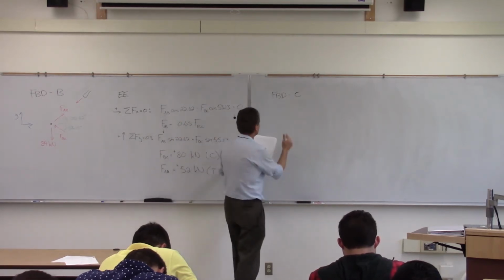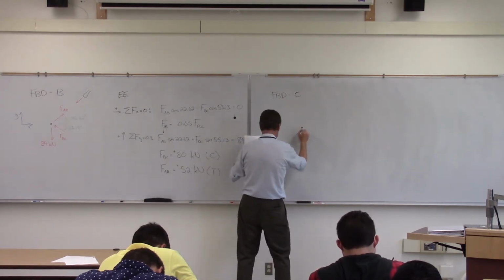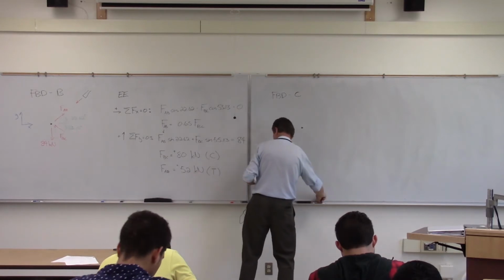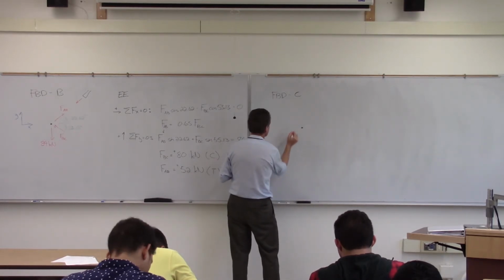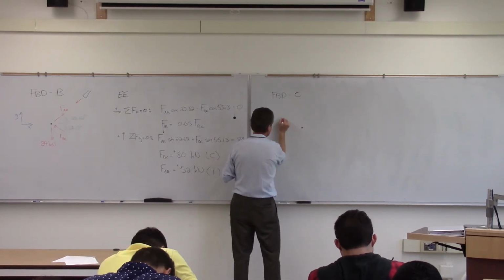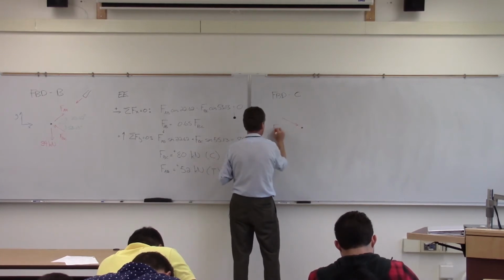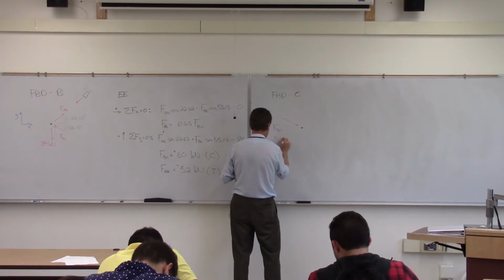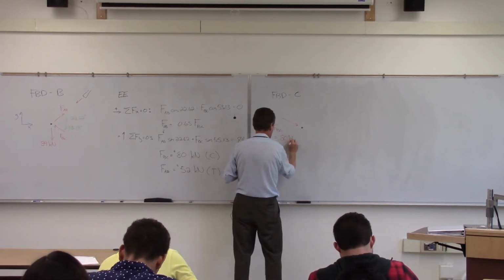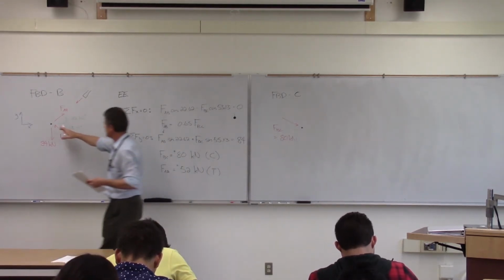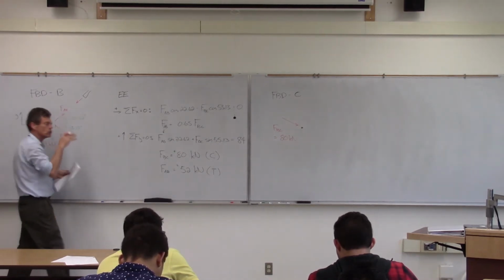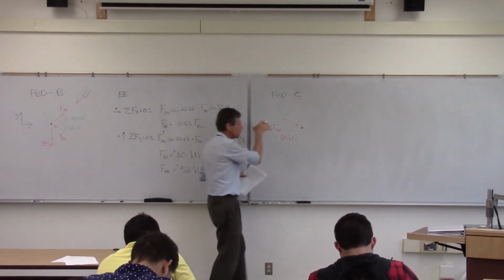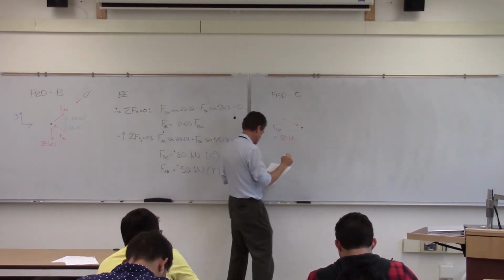So we'll find when we look at joint C, and again, note that we solve this as compression, so it's pushing on that joint. When I look at the other end there, it'll be pushing on that joint.